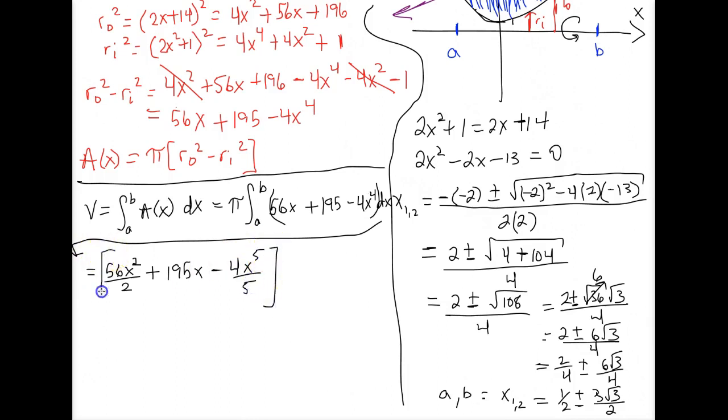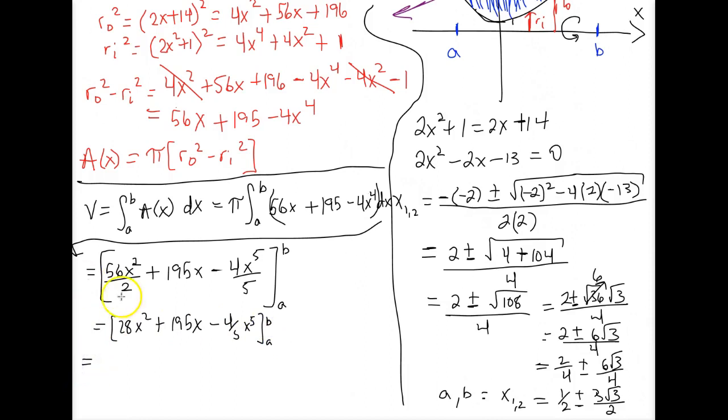And all of that will be evaluated from A to B. And so I'm strategically keeping it as A to B until we get to the very end, because we only want to plug in this horrid looking number only one time. So from there, of course, 56 divided by 2 is 28. This will be 28x squared plus 195x minus 4/5 x to the fifth, and all that will be from A to B.